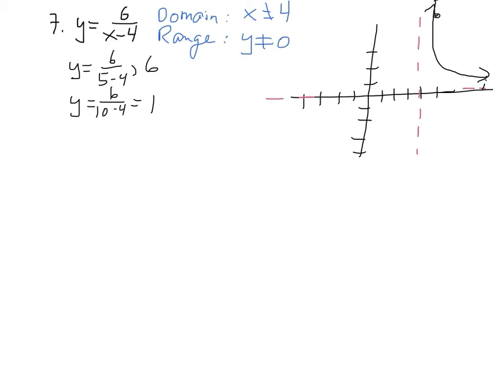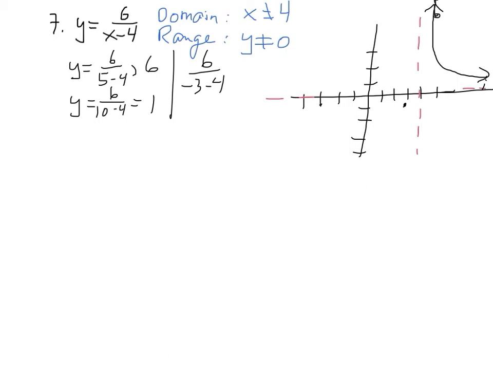Now I need to try some points to the left of 4. So let's try negative 3. If I plug in negative 3, I get 6 over negative 3 minus 4 is negative 7, so negative 6/7. So it's very close to the... oh, that's not right, sorry. I plugged in negative 3, but we can still use that point.